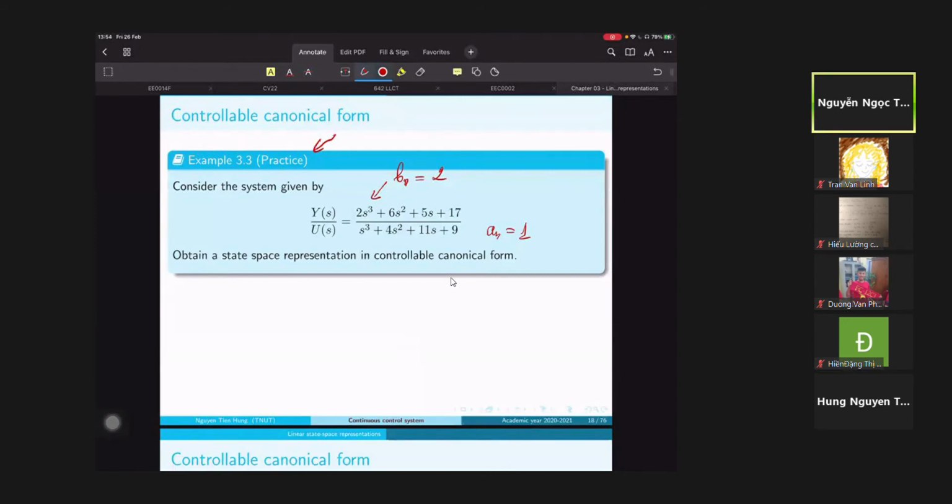Sir, I just put it on the Zalo group. Can you check it? Okay, okay. Yeah, I check it. I think it's correct. What about the other?